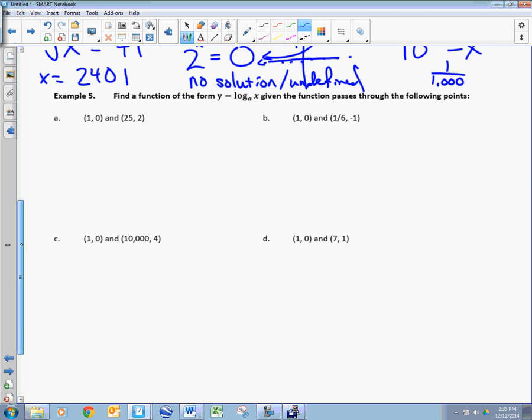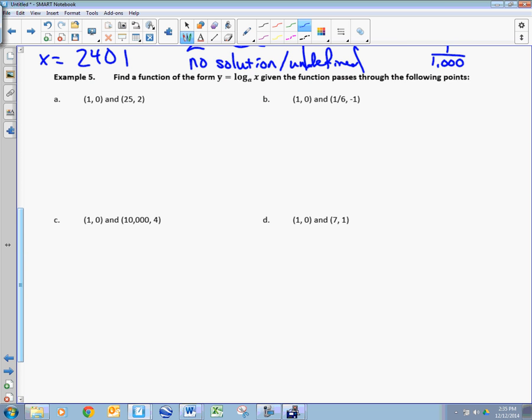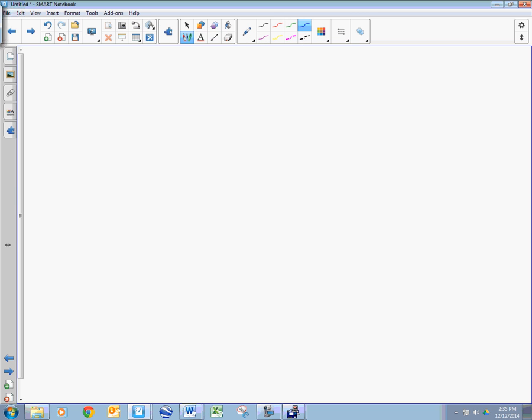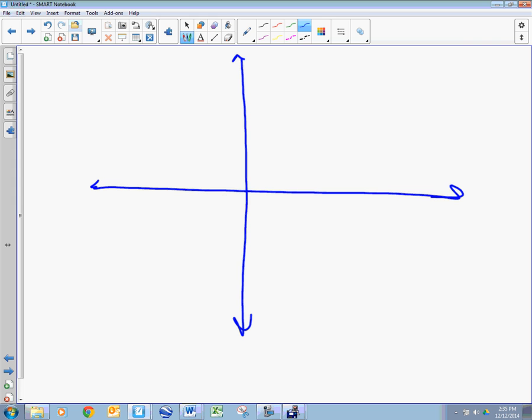Okay, let's look at the last 4 problems. I'm going to digress to quickly talk about the graphs. You don't have to write this down, but please watch this very quickly. Yesterday we talked about a graph, say y equals 3 to the x. Where did that cross the y-axis? 0, 1. Okay?